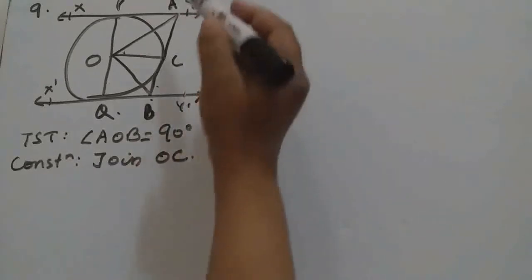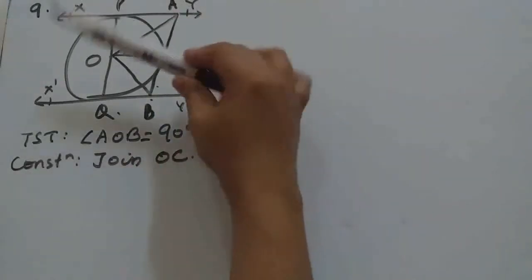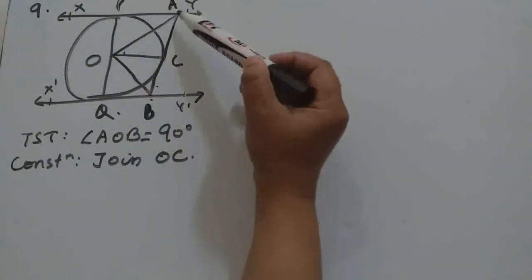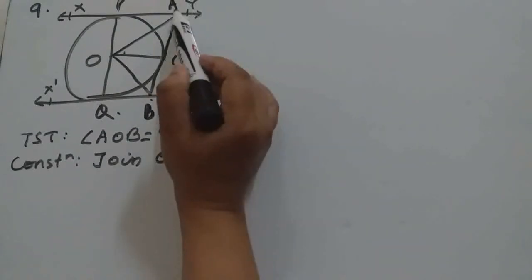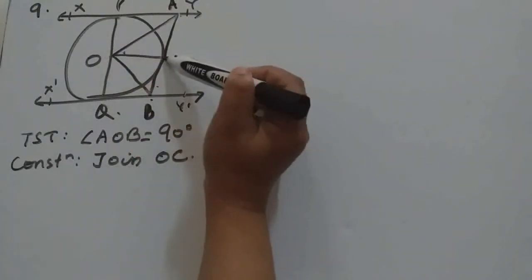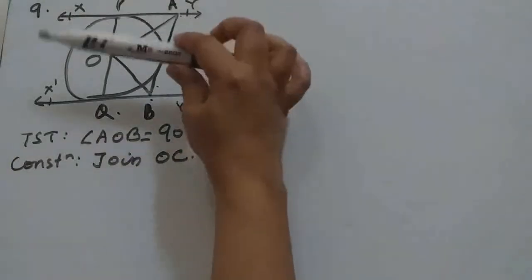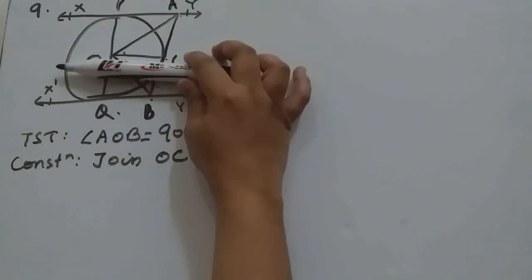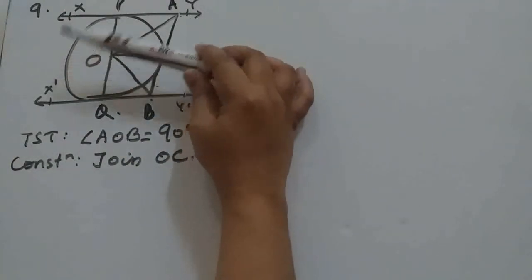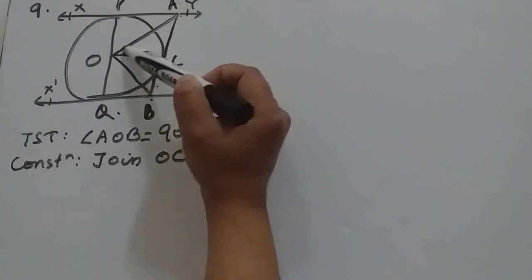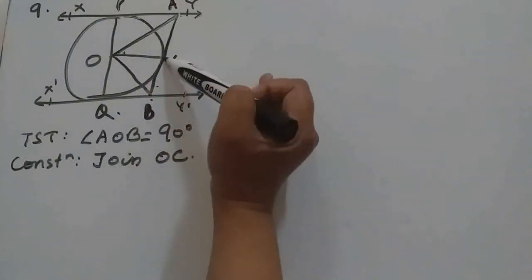Now see, if you consider the half part of this figure, A is an external point, so the lengths of AP and AC will be equal by the equal tangent theorem. If AP and AC are equal, what can we say? AO is the angle bisector of angle PAC, isn't it?